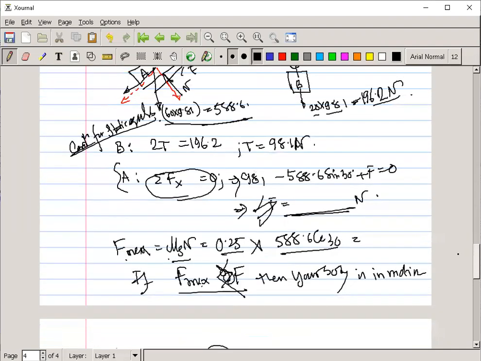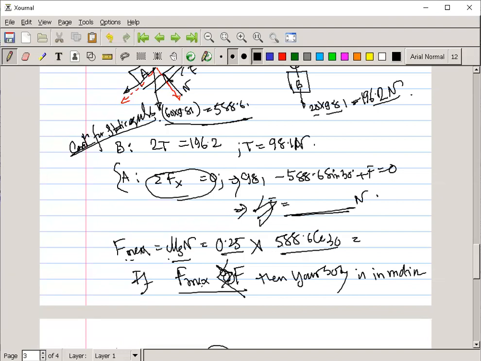Is anyone doing the calculation, or is no one hearing my voice? If it is, please reply. 98.1 minus 588.6 sin theta plus f is how much? And here f max is 0.25 into 588.6. Okay, let me solve this calculation.